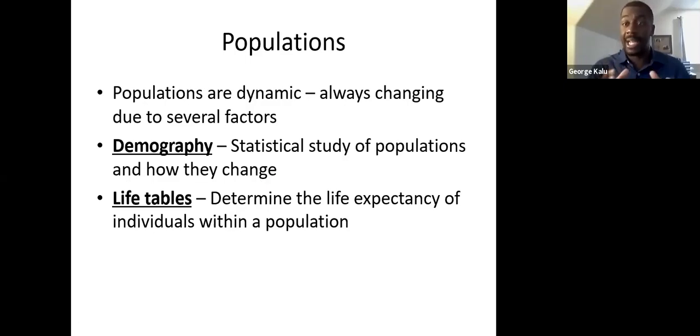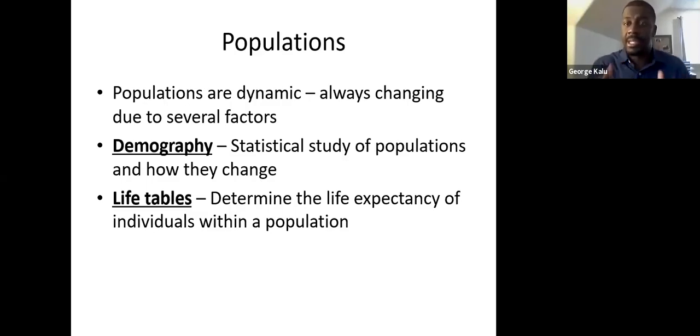That's more like looking at populations from a statistics standpoint and looking at how many individuals are being born, how many individuals are dying, how many individuals are in this particular age group, and so on and so forth. You want to be able to look at all of the different numbers of a population and understand what's specifically going on in that population that's causing it to change in its size. Sometimes populations are going to be growing, sometimes shrinking, sometimes pretty static.